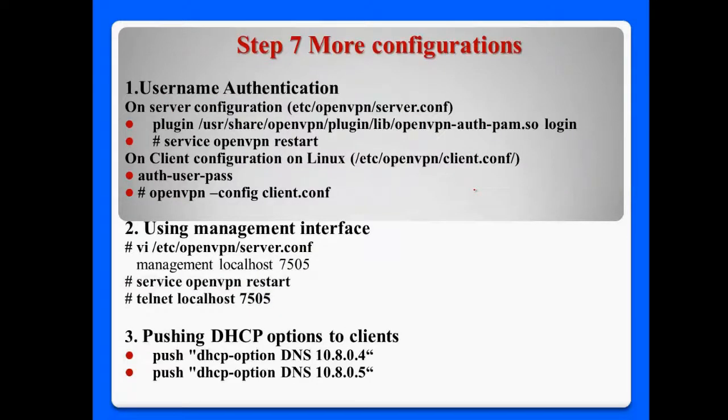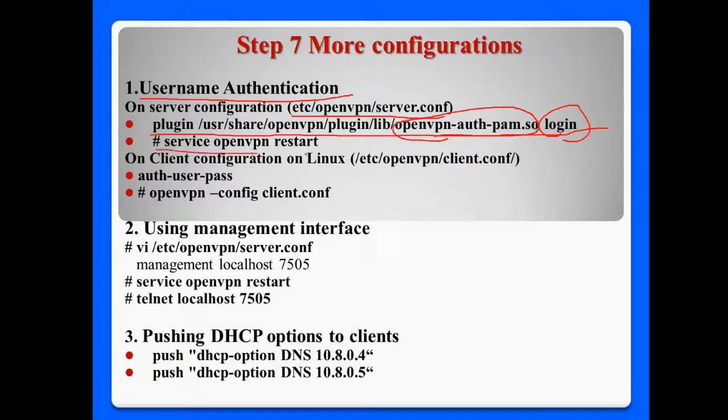Step 7, more configurations. Number 1, in step 4 and step 5, I showed you the VPN connection using certification. But if we want to use username authentication, in the server's file we need to add this line: plugin /usr/share/openvpn/plugin/lib/openvpn-auth-pam.so for the login system.